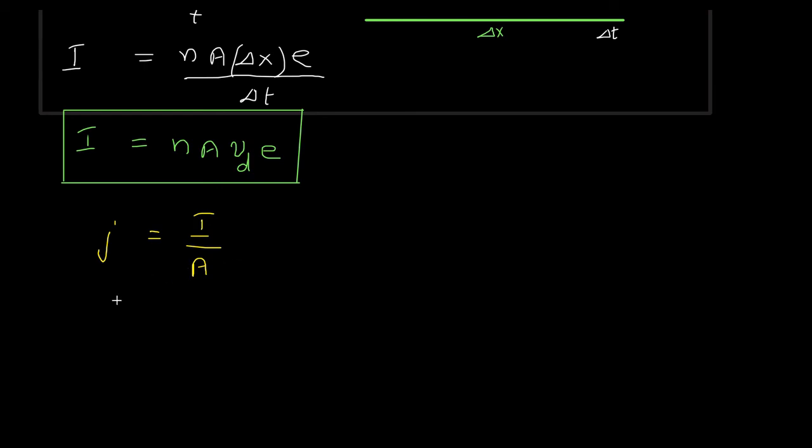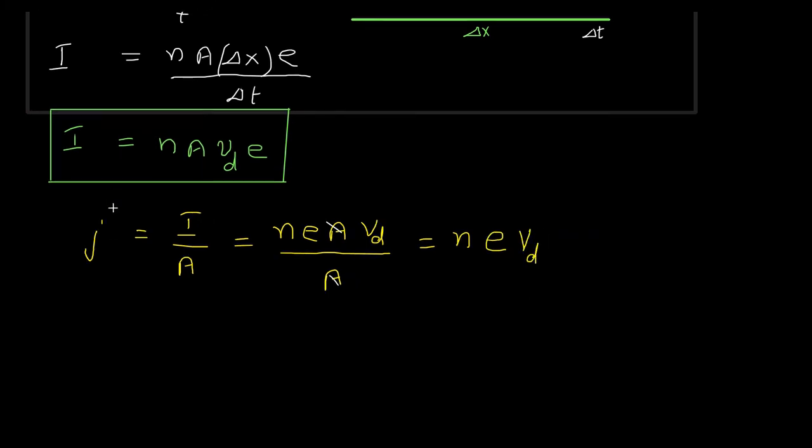Already we know I equals n e A Vd divided by area A, and A and A get cancelled out, so J equals n e Vd, or Vd equals J by n e.